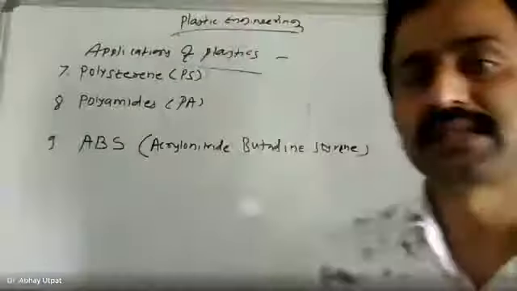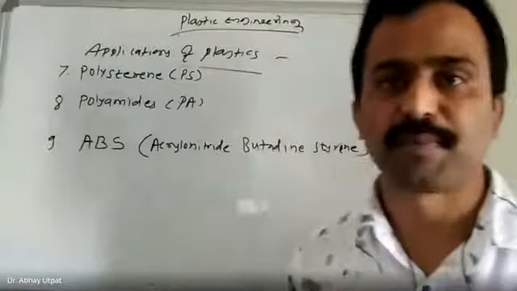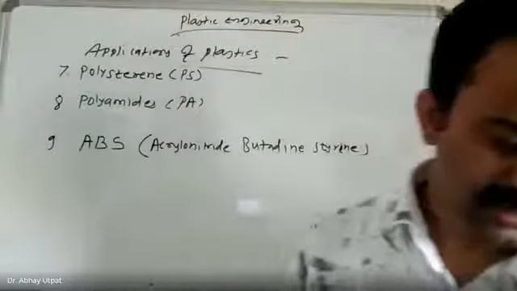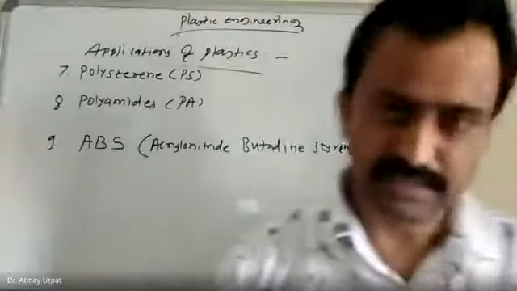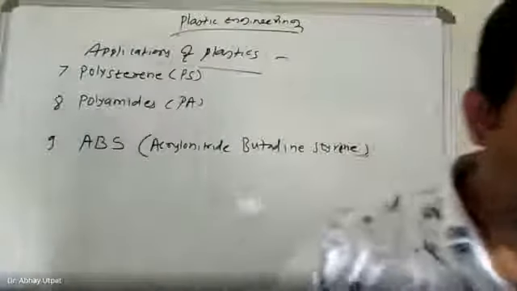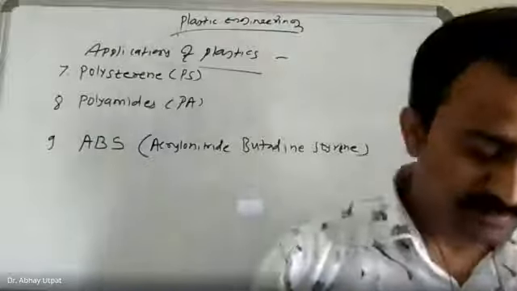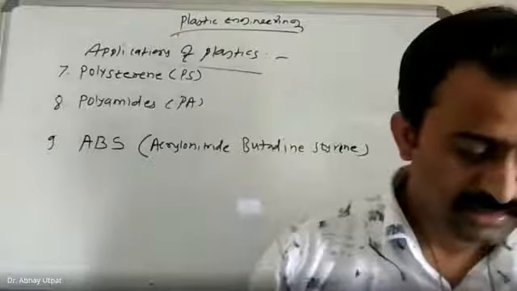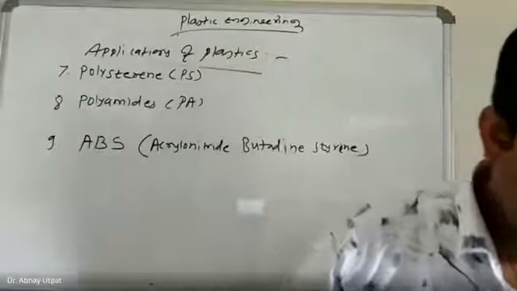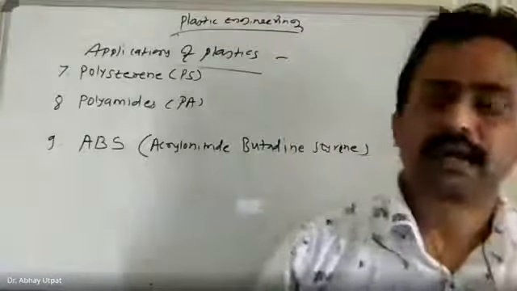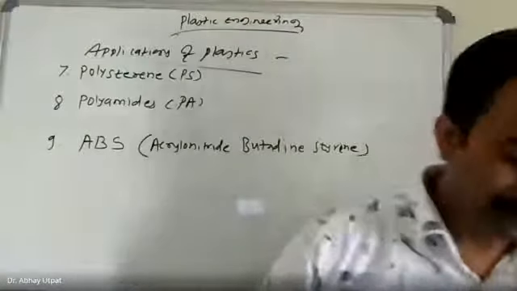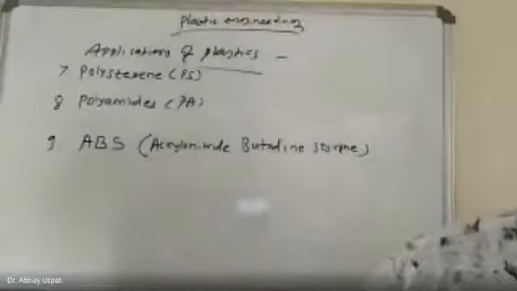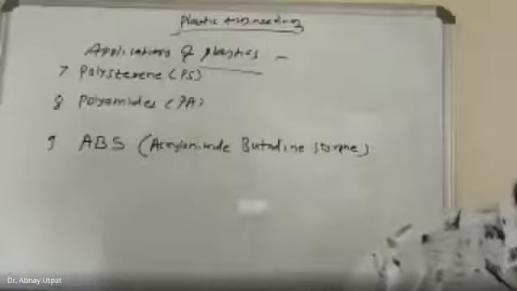Nowadays in electronics, more than 90% of parts are made of plastic. That is ABS plastic. Best application, electronic equipment such as computer bodies, monitors, keyboards, printers, and drainage pipes, etc.